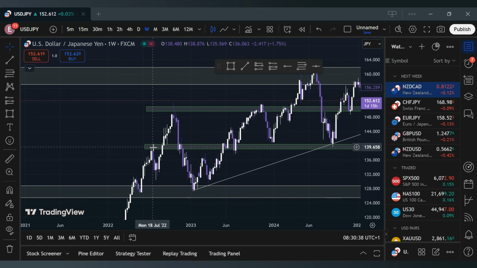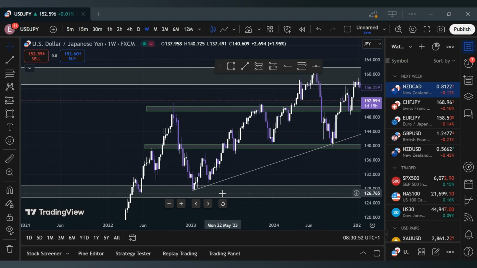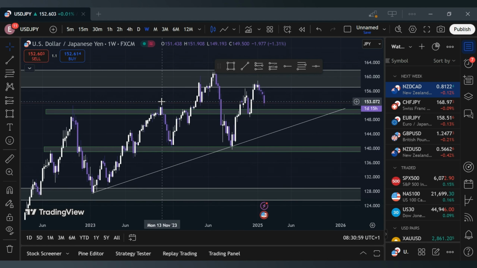Then we reached our minor support and resistance and pulled back, broke it, pushed to the next level. Then we again saw a massive drop down to this major support and resistance zone. And after that, we then continued on the upside to the next zone, which is here.